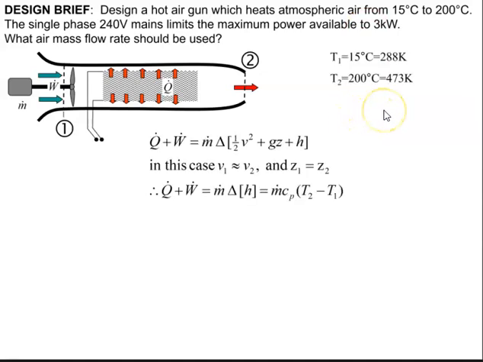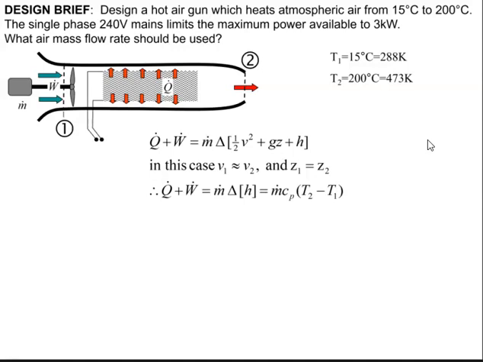We have an equation: Q dot plus W dot, the rate of heat supplied in plus the rate of work done, is equal to the rate of mass flow times, in the bracket, the velocity, how fast they're moving, plus gz, where z is the height at point 1 and point 2.